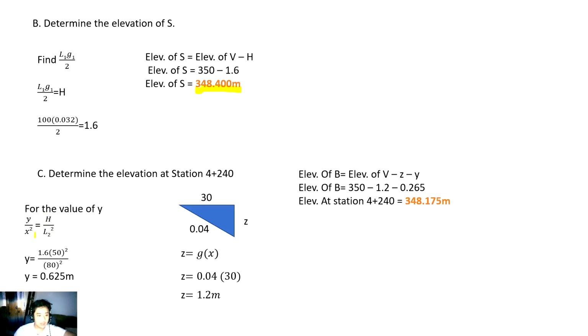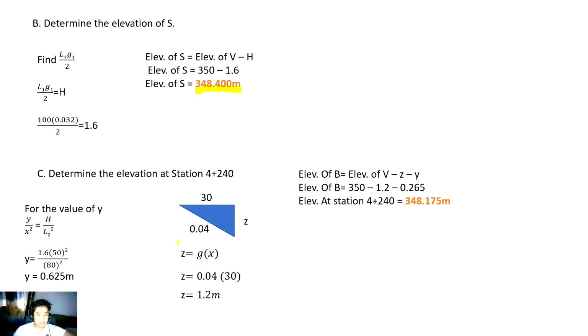So, ang Y natin is yung H natin, 1.6, times sa X squared, which is 50 squared, over L2 squared, which is yung 80, yung nakuha natin kanina. So, ang magiging y natin ay 0.625 meters.